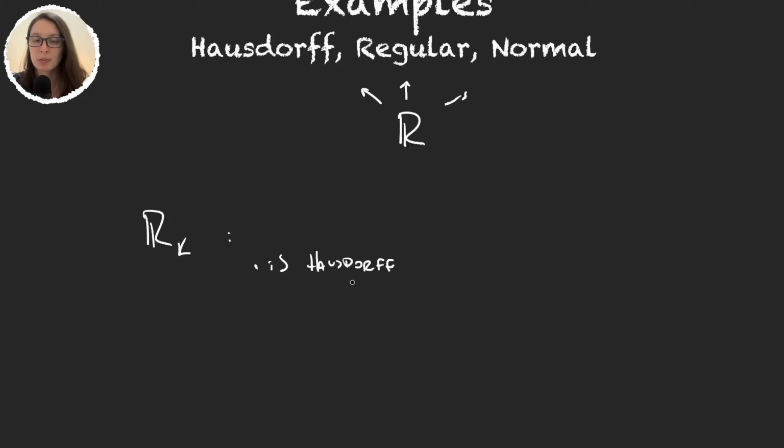This is very easy to see because if we have two points x and y, because the K topology was generated by open intervals and open intervals minus K, then we can always find two open intervals around x and y just as we did with the standard topology. So there's nothing complicated here.